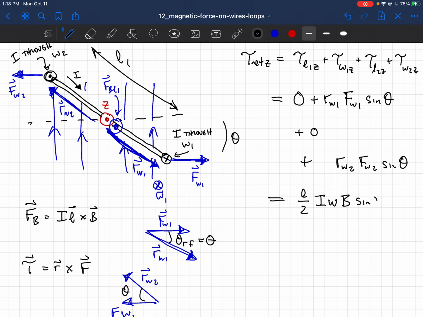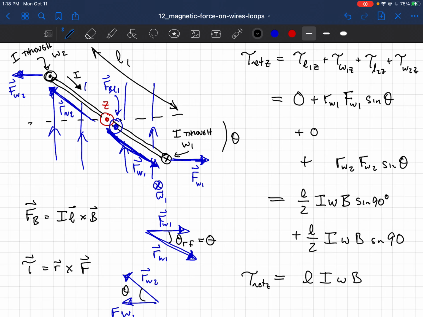So we're going to have a sine of 90 there. And then for the second wire, we have exactly the same thing. I W B sine of 90. So we get L I W B like that. And that's going to be the torque.